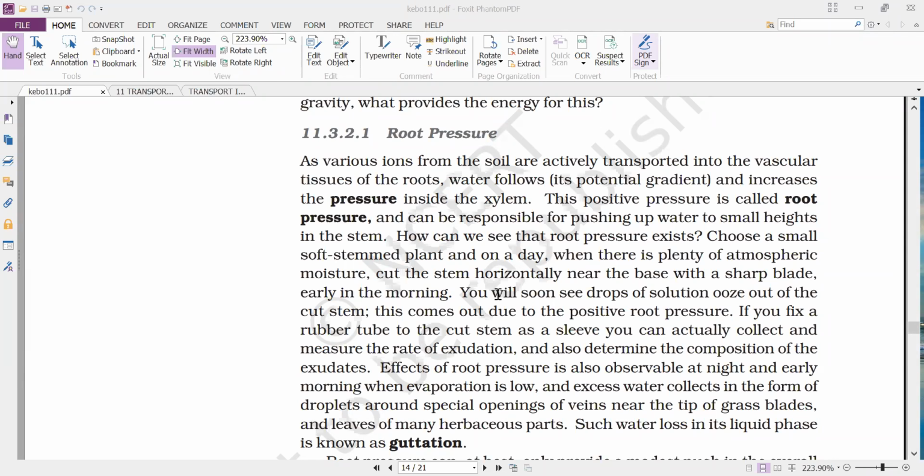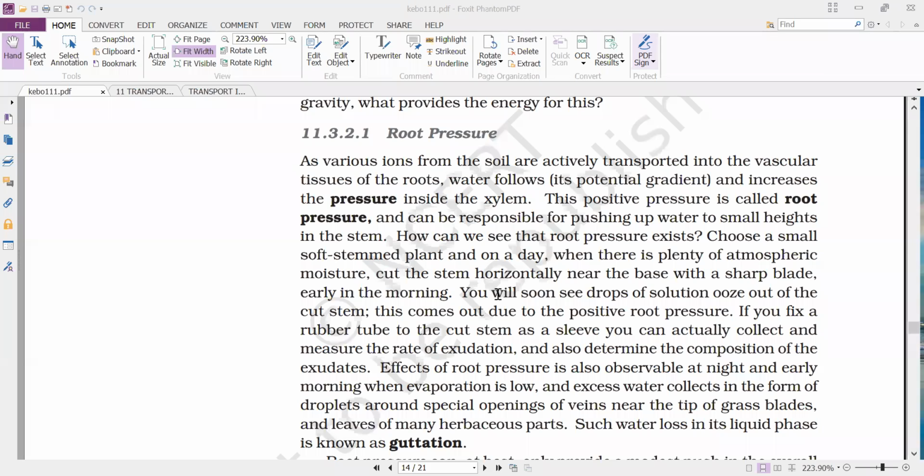Up to the vascular tissues, the mineral salts are transported by active transport through the cytoplasm of the cell against the concentration, because the cytoplasm already has a certain concentration. Depending upon the requirement, these mineral salts have to be absorbed at more than the concentration of the cytoplasm, so they are transported actively through the roots up to the vascular tissues.